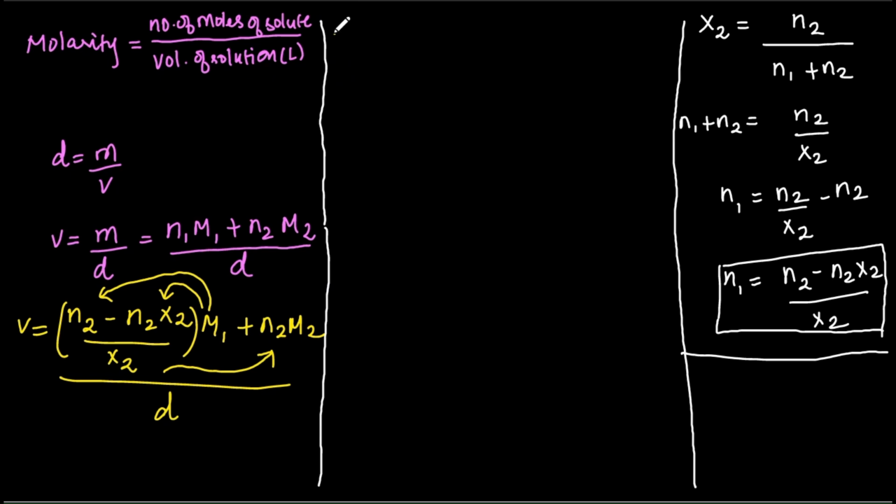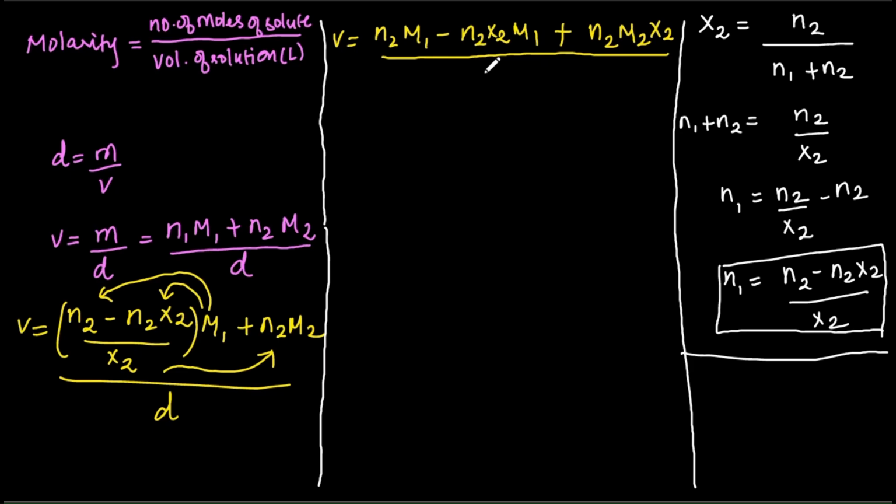So the numerator becomes volume equal to N2 M1 minus, then we have to multiply this M1 to the second term, N2 x2 M1 plus, when you take LCM, x2 should be multiplied to this term, N2 M2 x2. Now everything is divided by x2, and then we are having another denominator D.